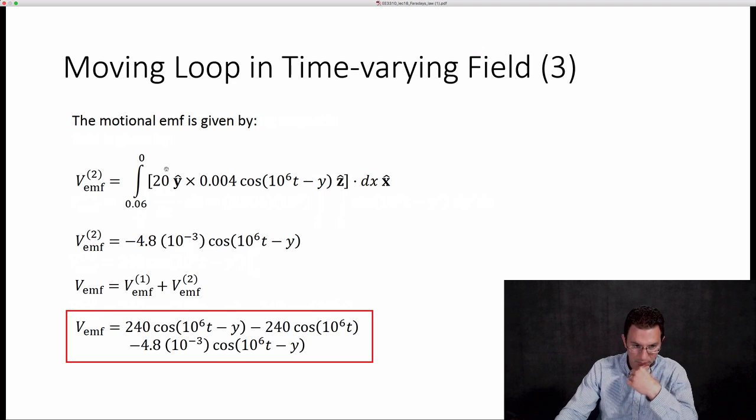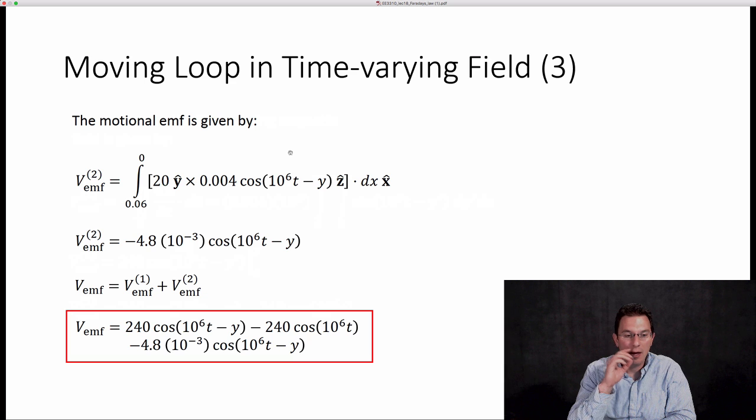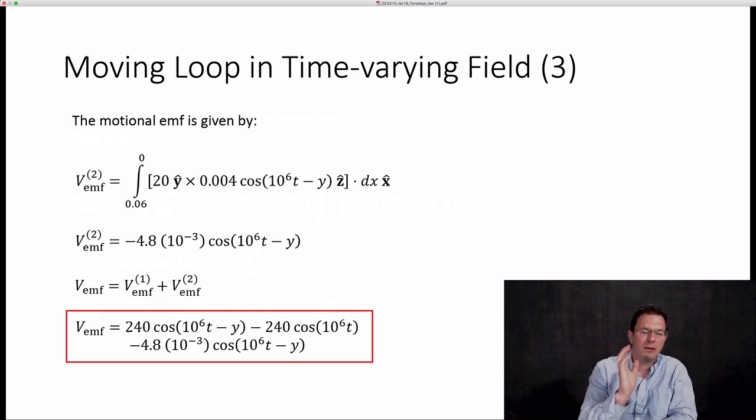Okay, so y cross z, that gets you a minus x. Let me think for just a second here. y cross z gets you a plus x, excuse me. So y cross x gets you a plus z, and then we're going to be integrating here with respect to x.